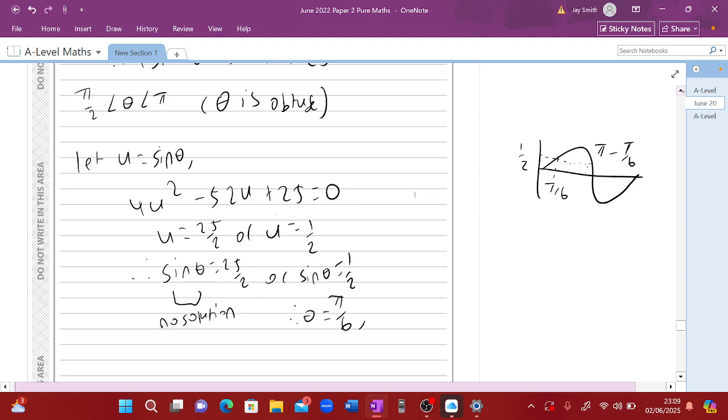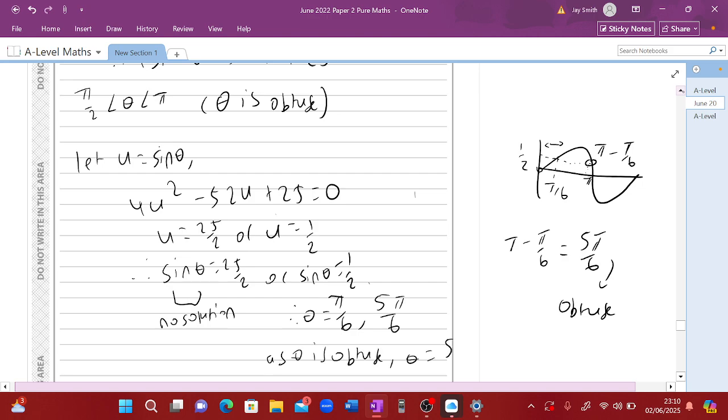I noticed the distance between 0 and pi over 6 here is the same distance between pi and this intersection here. So the next solution is pi minus pi over 6, which is 5 pi over 6. And that is between 90, pi over 2, and pi, or 90 and 180. So it's obtuse, which is what we want. So as theta is obtuse, theta must be 5 pi over 6.